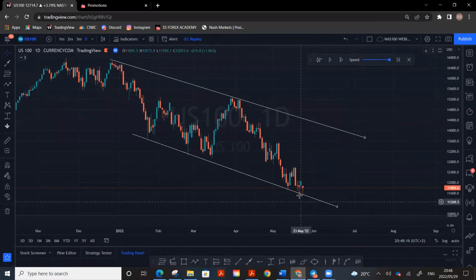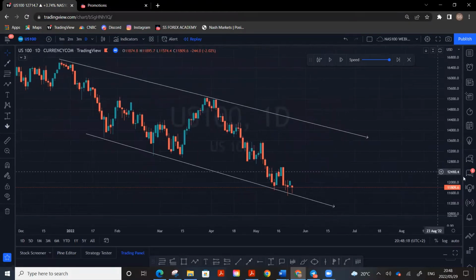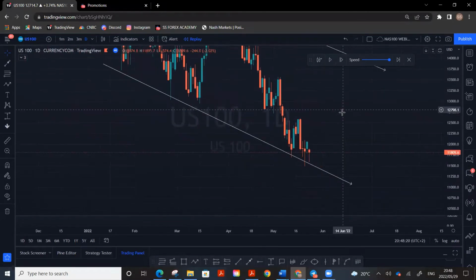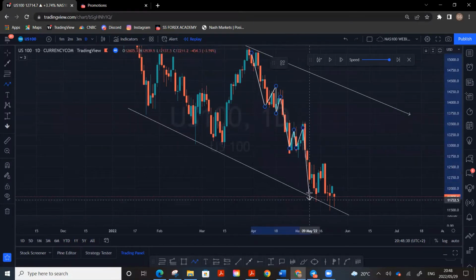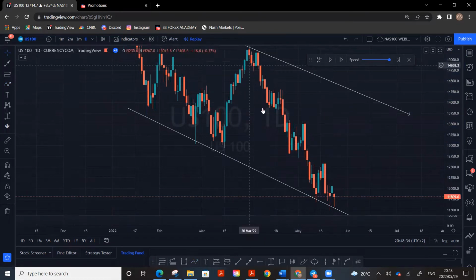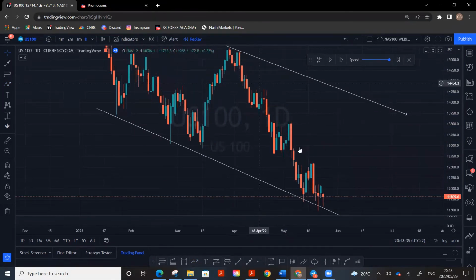So looking at it on the daily, we can see that yes, we have our series of lower highs and lower lows. You can see that. So that confirmed our bias of bearish. Our overall bias will still be bearish, but we are looking for a counter trend break, right?